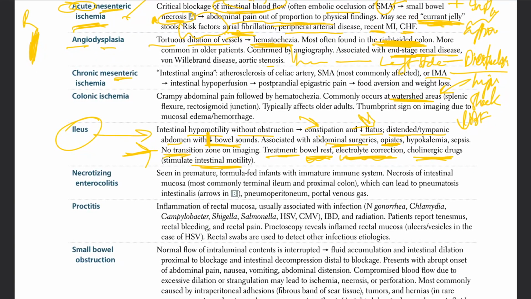Alright, moving on to necrotizing enterocolitis. It is seen in premature, formula-fed infants with an immature immune system. Necrosis of the intestinal mucosa, commonly in the ileum and the proximal colon, which leads to pneumatosis intestinalis.